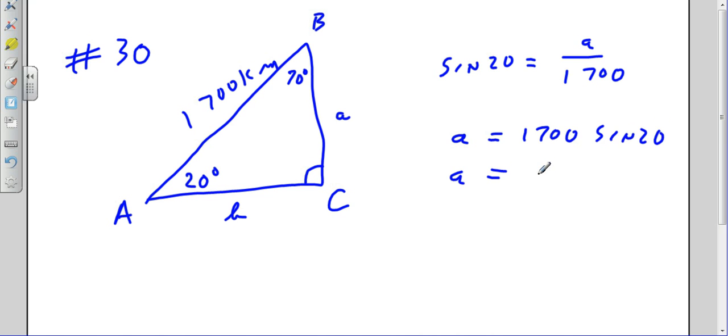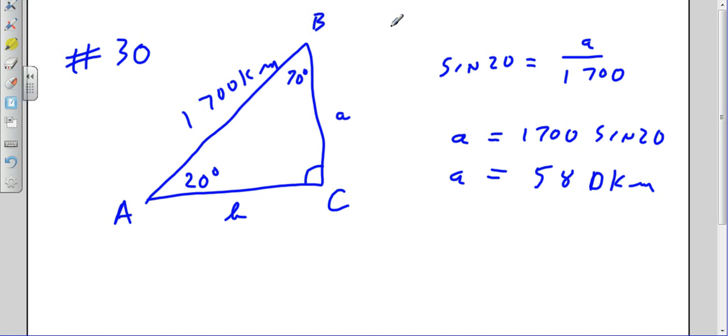And we get 581 kilometers, if we have 3 significant digits. Do we have 3 significant digits? No, we only have 2 significant digits, so we would change it to 580 kilometers.